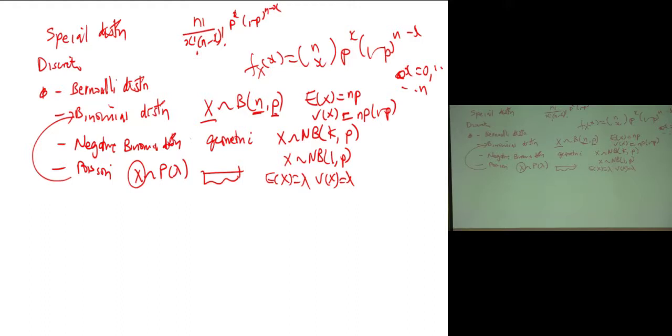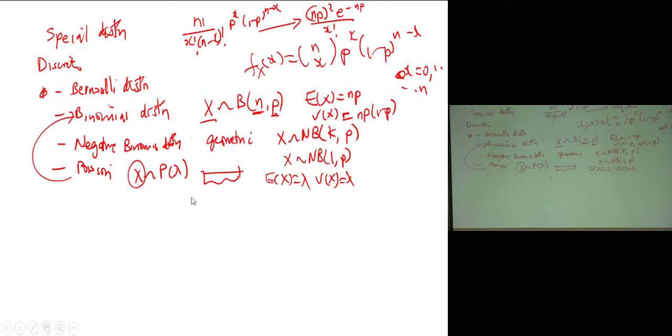When n is big and p is small, this comes close to np to the power x, e to the power minus np, over x factorial. Don't worry about the proof, but mathematically we can show that when n is large and p is small, the probability function of the binomial comes close to a Poisson distribution.